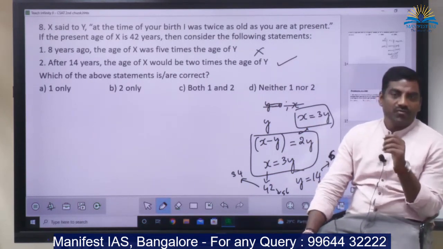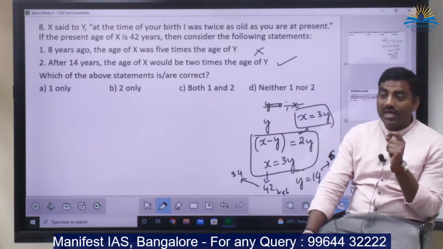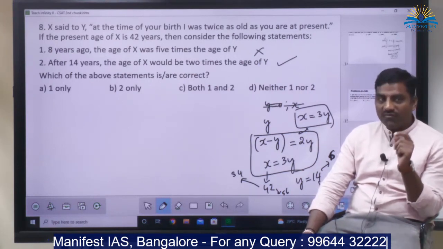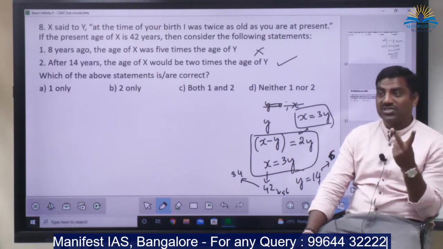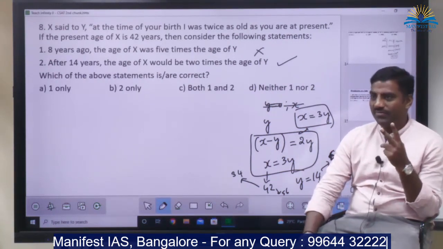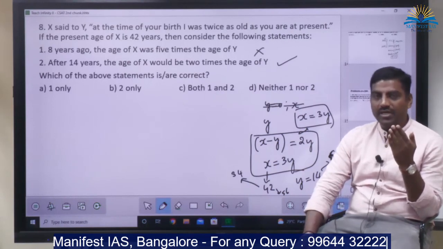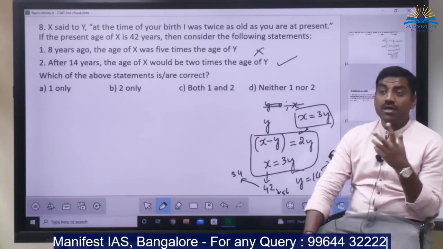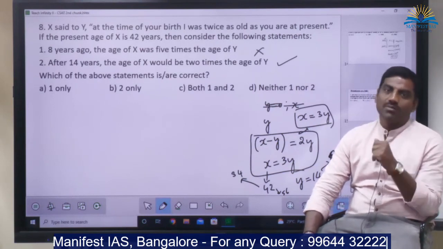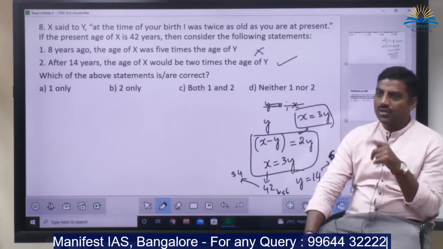Tomorrow we will be taking a very important chapter. Why? Because in the last 4 years, every year 1 or 2 questions are coming from calendars. Earlier this was not the trend. Before 2017 or 2018 we didn't see many questions from calendars, but in these years 1 or 2 questions are coming. We'll learn calendar.